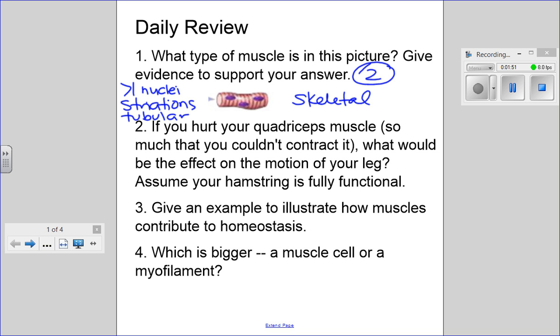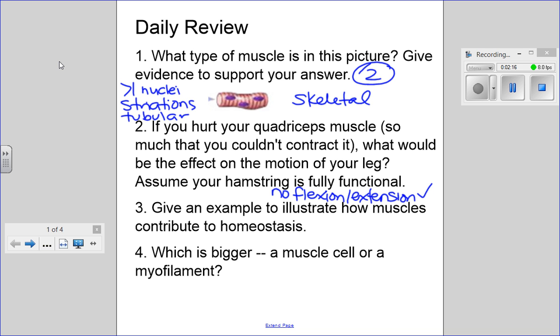So if you put, you would not be able to do flexion or extension, that's what we're looking for here. Now here's why. My muscles have to work in pairs. If my quad can't do anything, that means it cannot help my leg move.